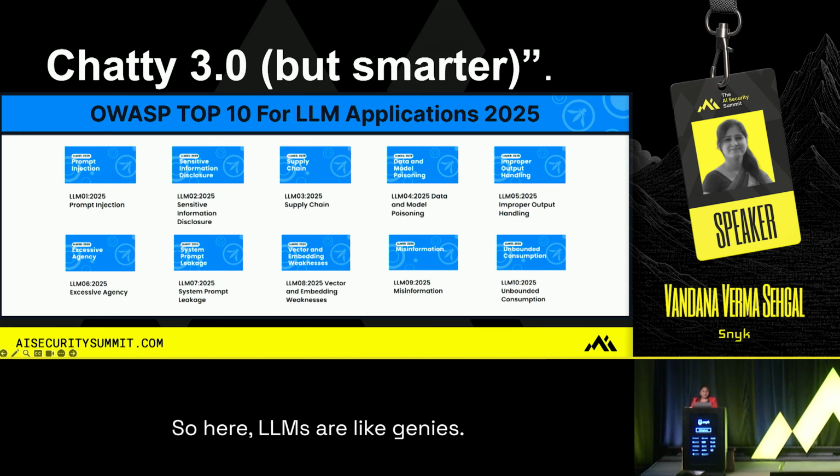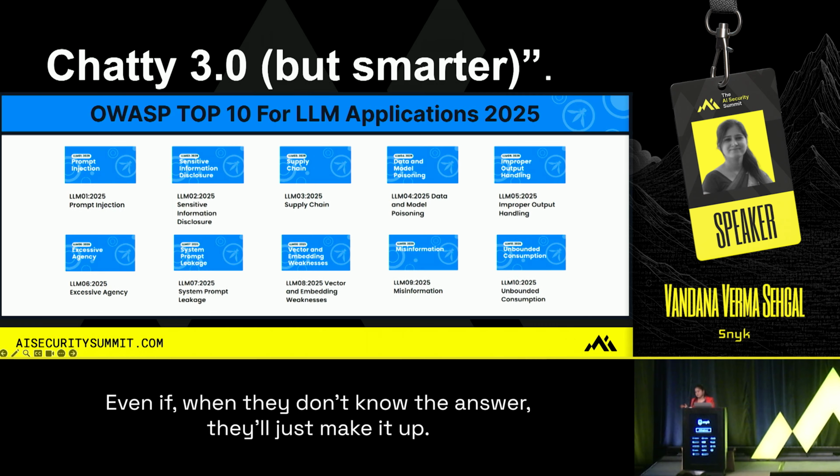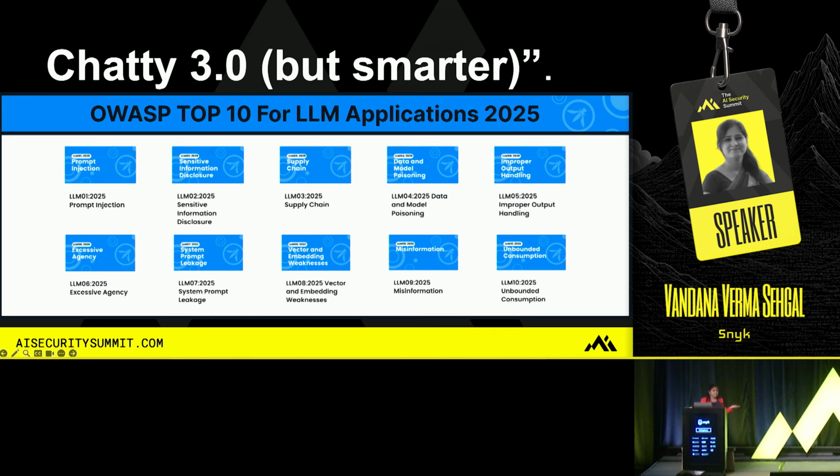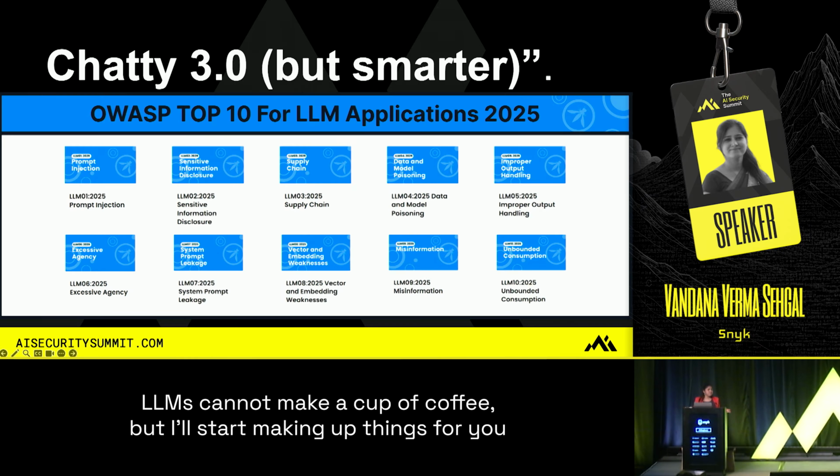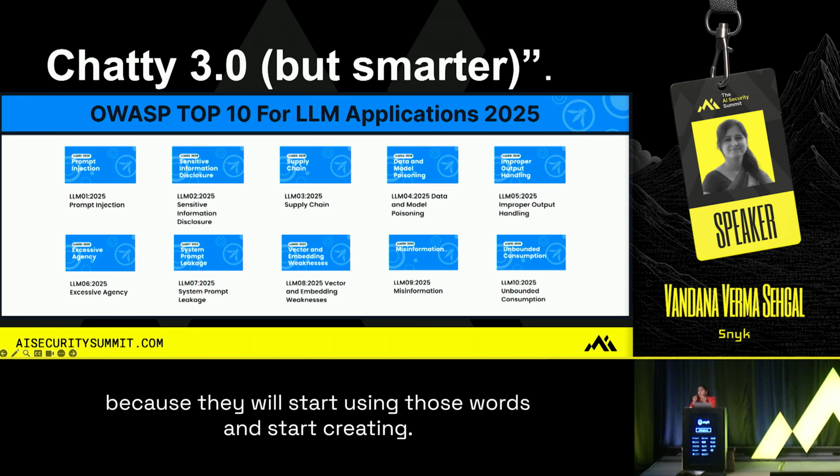So here, LLMs are like genies. They don't break rules. They just creatively reinterpret what we say. Even when they don't know the answer, they'll just make it up. So let's say you say, make me a cup of coffee. LLMs cannot make a cup of coffee, but they'll start making things up for you, because they will start using those words and start creating.